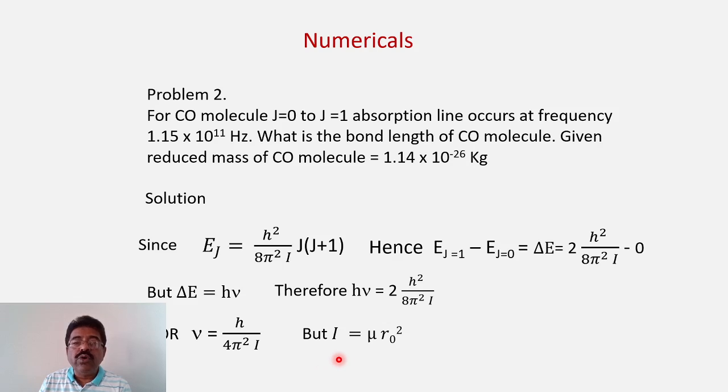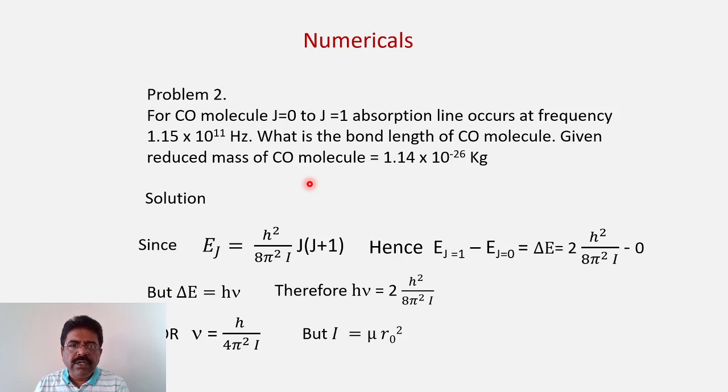But I is equal to mu r0 square. If you remember, the diatomic molecule has the moment of inertia I is equal to mu r0 square, where mu is the reduced mass and r0 is the bond length, the distance between the two atoms.